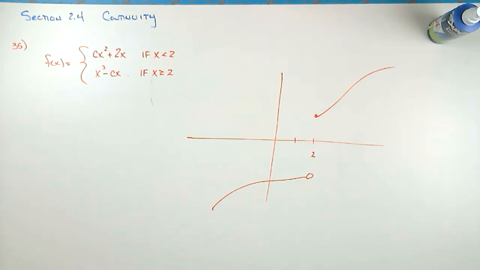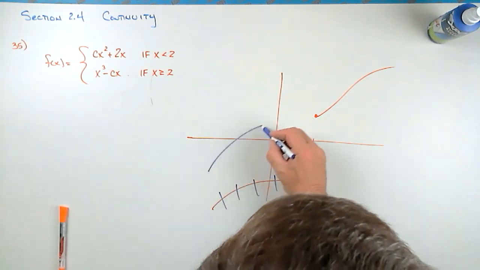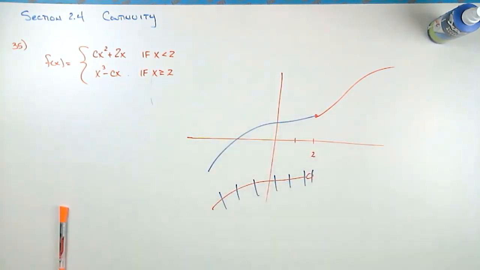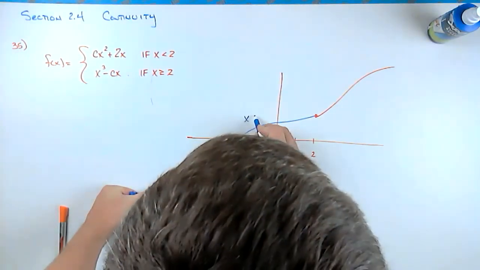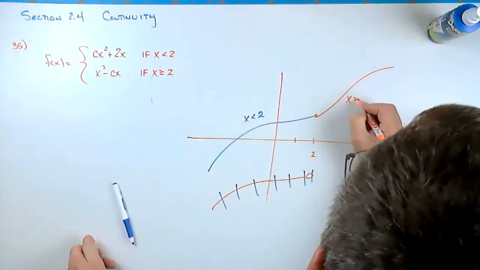But the problem says, find the value of the constant, so the function is continuous. In other words, they're saying, find me a value of c, so that when you take the graph the other side, it comes in and it intersects. This is less than 2. This is greater than or equal to 2.